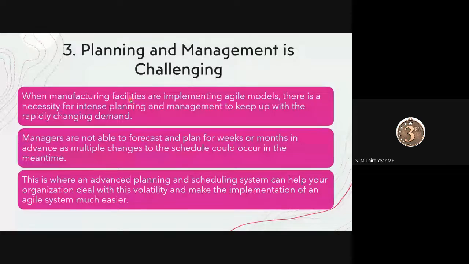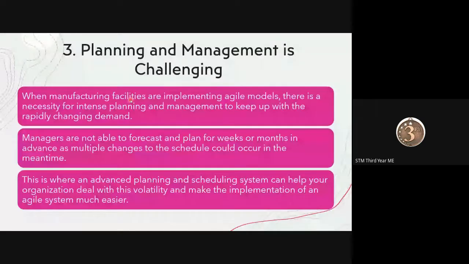A forecasting method was used in traditional manufacturing, the push system we have earlier discussed, and using that forecast system always ends up in overproduction or surplus inventory. Such a system is not implemented in agile manufacturing, so we can't know how much production has to be done. How can we plan how many products have to be made in one day? We can't plan this. So very vague factors are present in agile manufacturing.